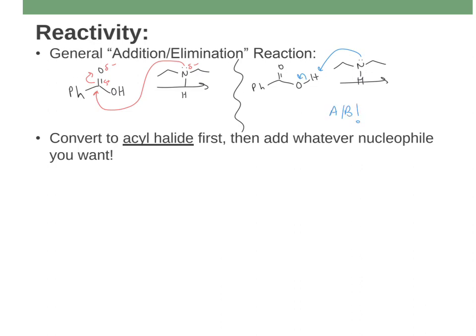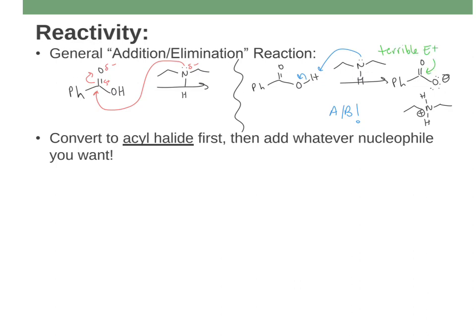Because you have an amine, which is basic, and a carboxylic acid, which is acidic, your first equivalent of amine is simply going to deprotonate your carboxylic acid, and all you're going to end up with is this ammonium salt. And that's not so great. And then as soon as you make your carboxylate, that thing is a terrible electrophile. I'll even write terrible.